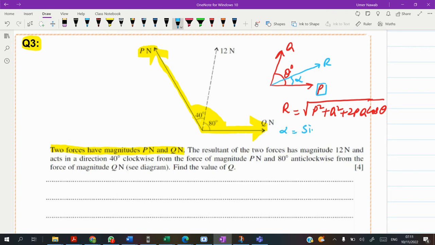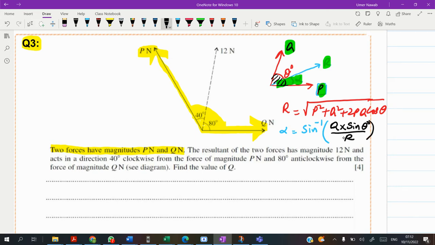Alpha is equal to inverse sine. Use the opposite force Q. If you want to find this alpha angle, which is between R and P, you have to write Q times sine of the angle between the two forces, which is theta, divided by the resultant.